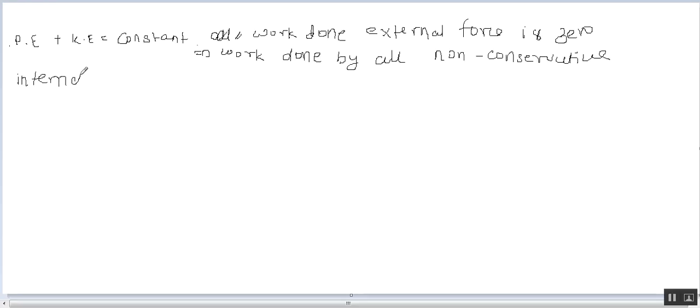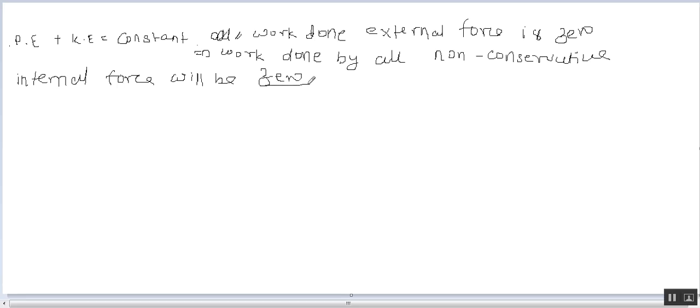Check the spelling: internal force. When work done by all non-conservative internal force will be zero.